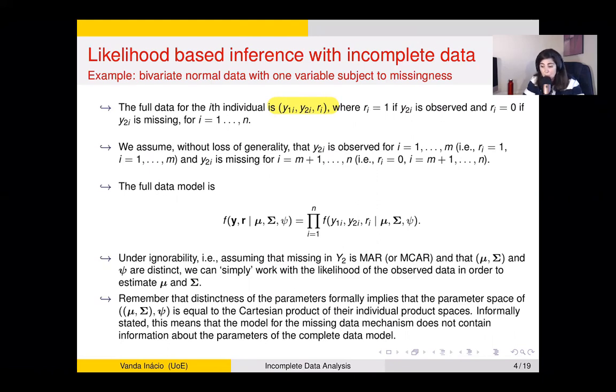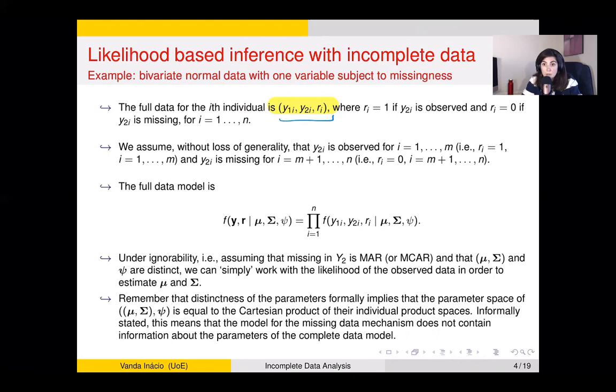We know that for the individuals with missing values, we do not observe their full data. What we observe is their y1 measurement and the missing value indicator that will be 0. But we do not observe this triple here. We have already made this point last week.